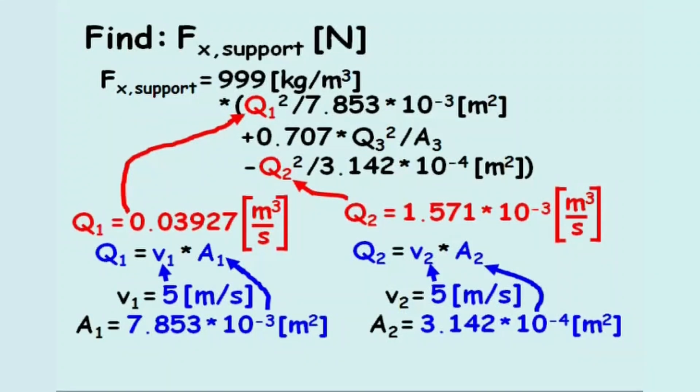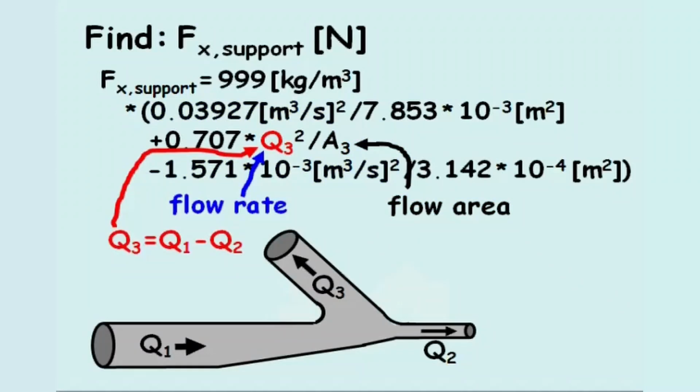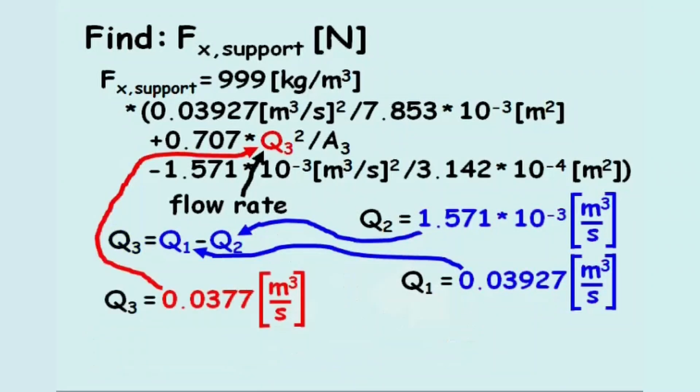The last two variables we need to solve for are the flow rate and flow area through pipe 3. Returning to the figure, we notice the flow rate in pipe 3 must equal the flow rate in pipe 1 minus the flow rate in pipe 2. After plugging in the flow rates for pipes 1 and 2, the flow rate in pipe 3 equals 0.0377 meters cubed per second.